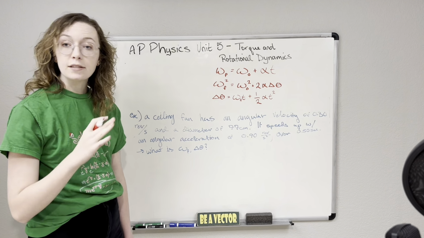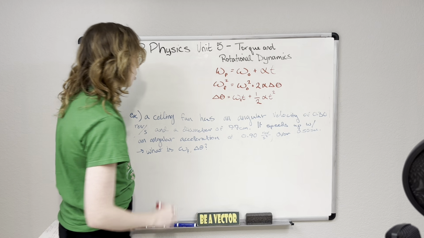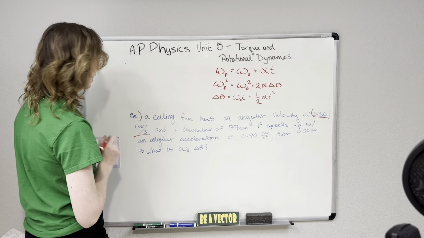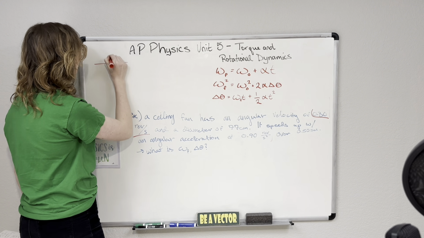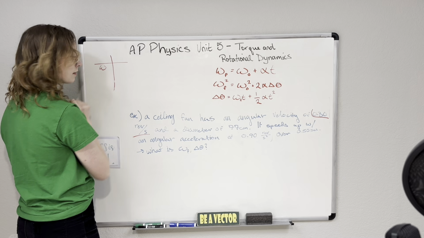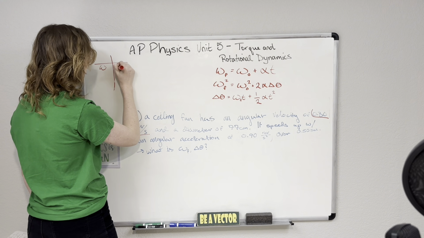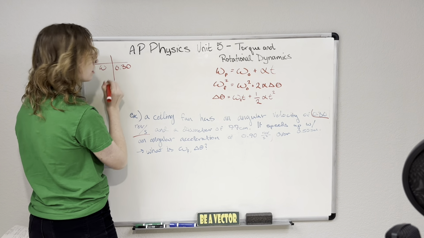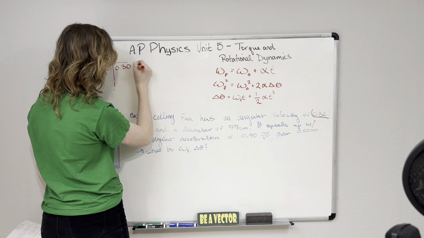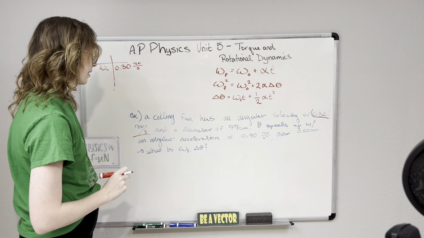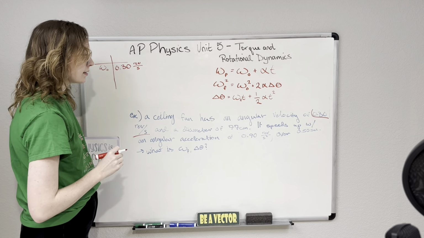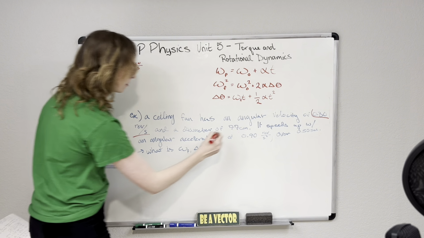First, let's make a list of everything that we know. We have an angular velocity of 0.3 revolutions per second, and this is our initial angular velocity. I have a diameter of 77 centimeters, which we'll skip for now and just underline.